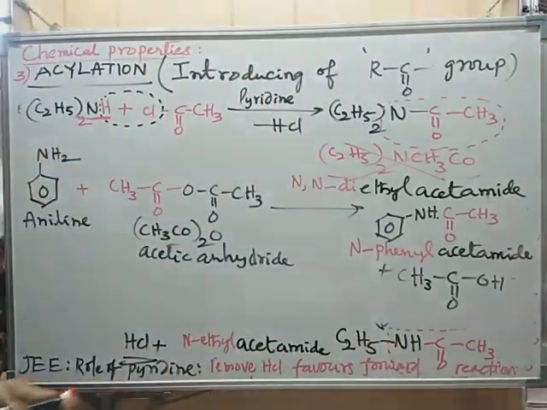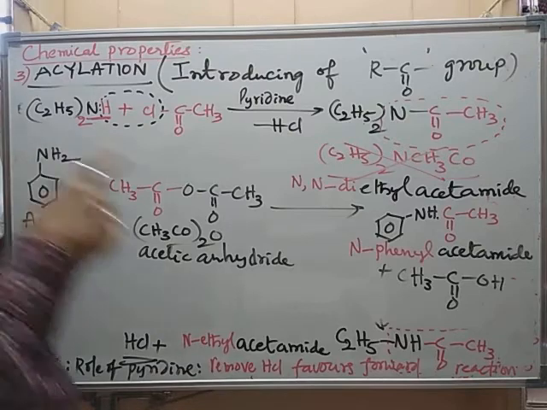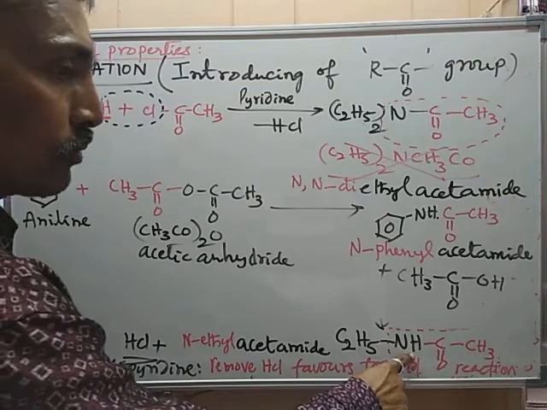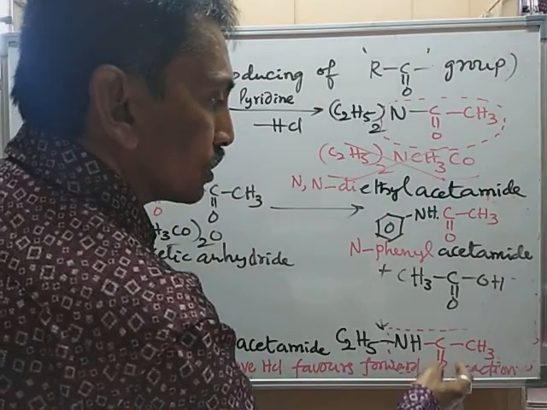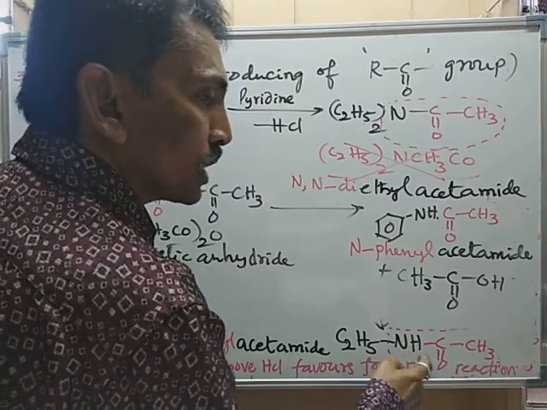What is the last key point? The last key point is that aliphatic and aromatic primary and secondary amines participate in acylation or acetylation reaction. Only one step is followed here; the further step is not followed. Why? Because the electron withdrawing CO group is unfavorable towards the NH group.